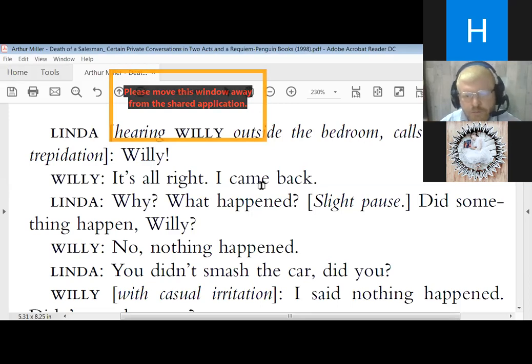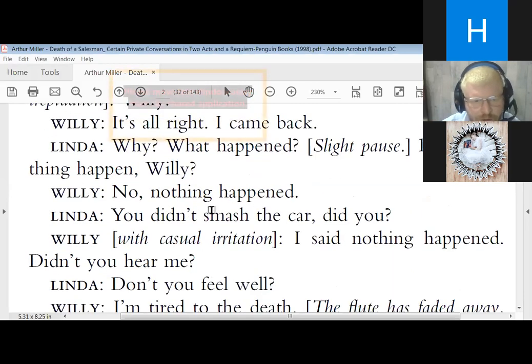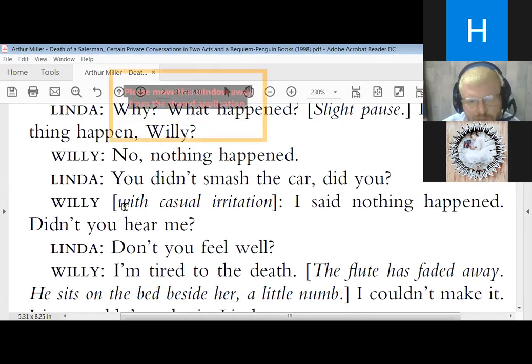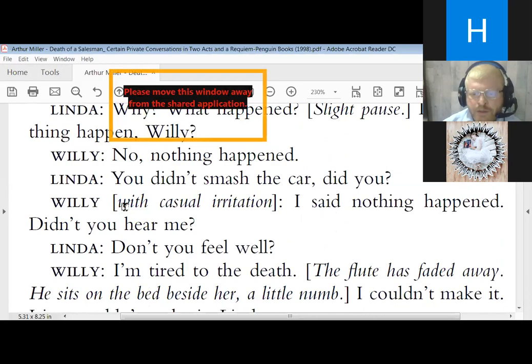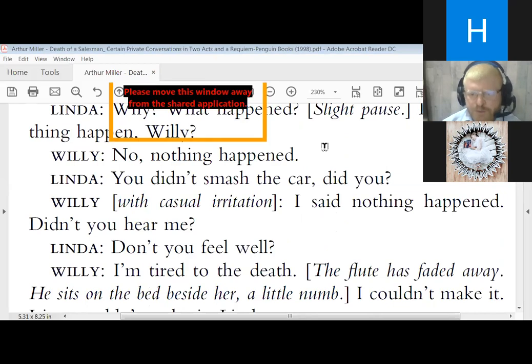Although he didn't say anything, she can understand that. "Did something happen, Willy?" "No, nothing." He denies that anything happened. "You didn't smash the car, did you?" So she's even more specific. Not only does she know that something happened, but also she knows specifically what happened, like smashing the car.